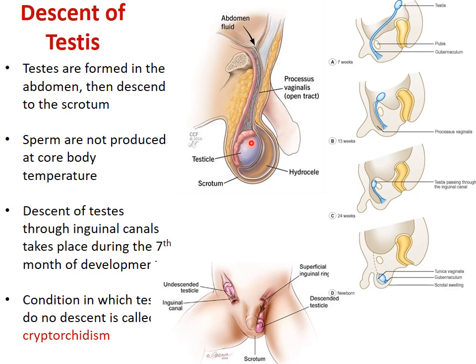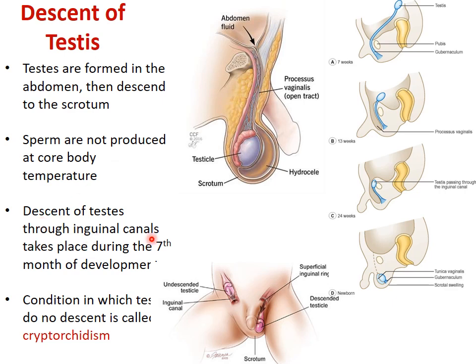Spermatogenesis cannot occur there; this temperature is very high and can kill the sperms. That's why God has made them go out of the core body. So they descend downward and come to a skin-like pouch, the scrotum. They are kept outside the body just to maintain their temperature so that spermatogenesis can occur.